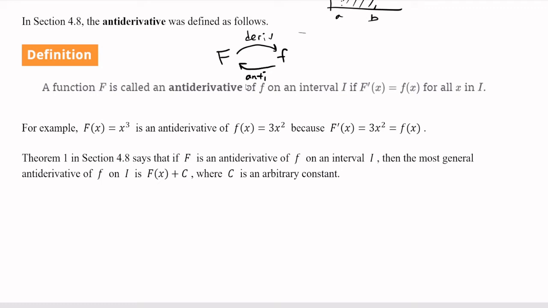I give you a function little f, and you figure out what function I can make whose derivative gets me to this little f. For example, if little f of x is 3x squared, the antiderivative has to be x cubed, because when I take the derivative to go back down, I drop the 3 minus 1 on top. Boom.